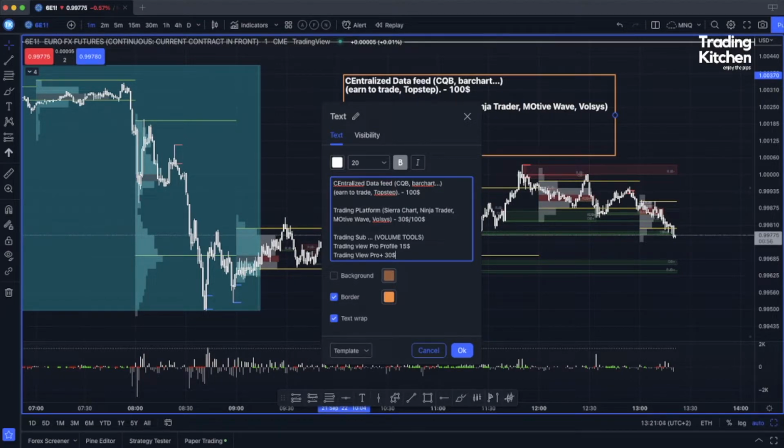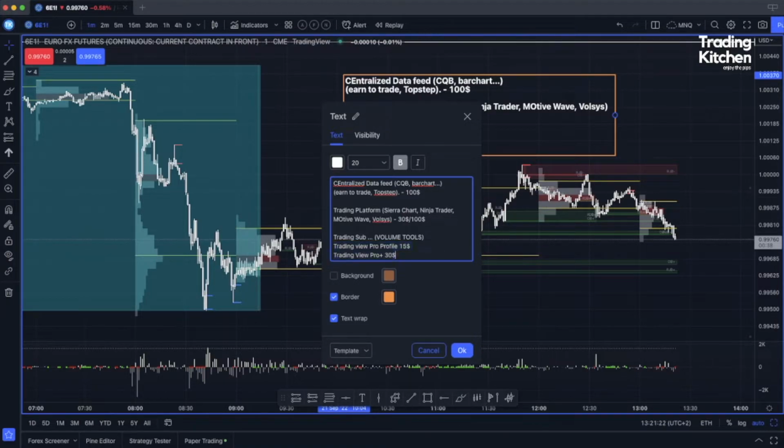I do use the Pro Plus, but the Pro profile can also be enough. I'm not trying to sponsor TradingView, but this is the beginning.